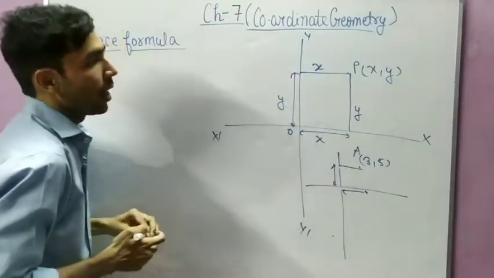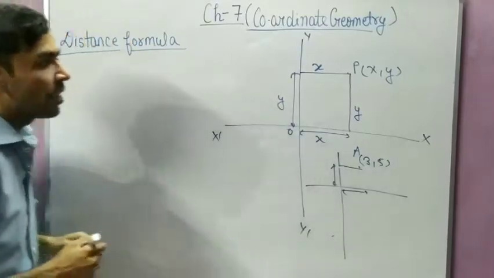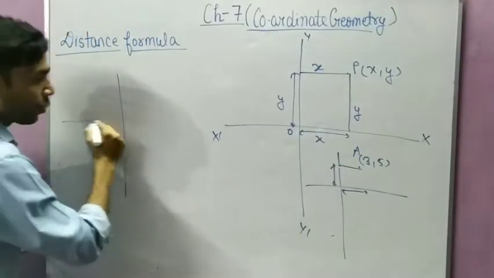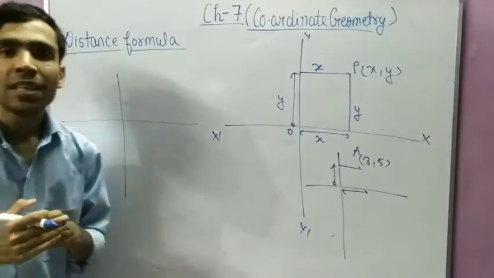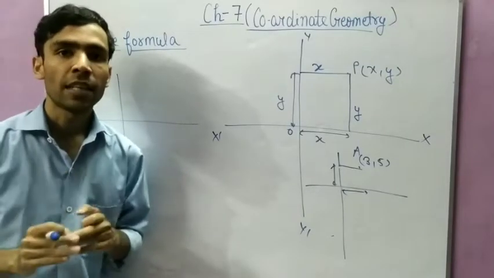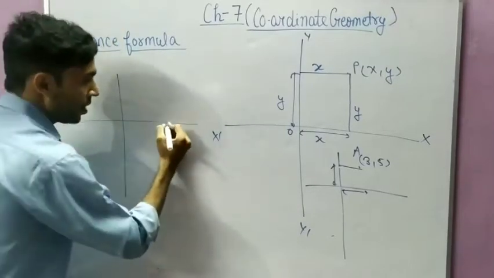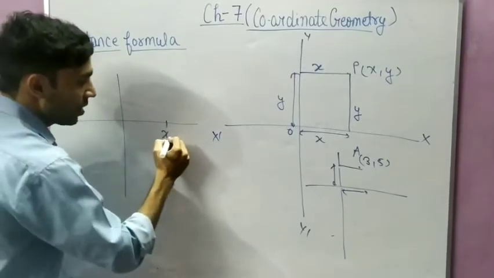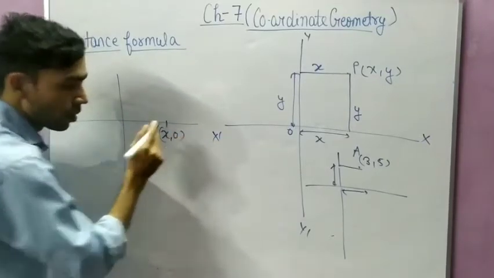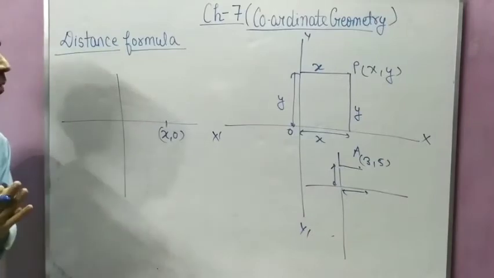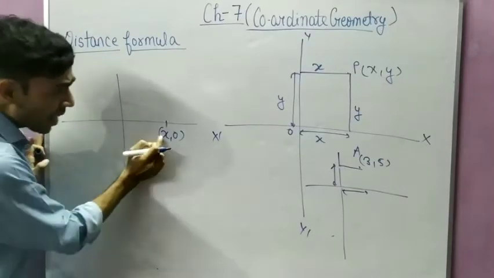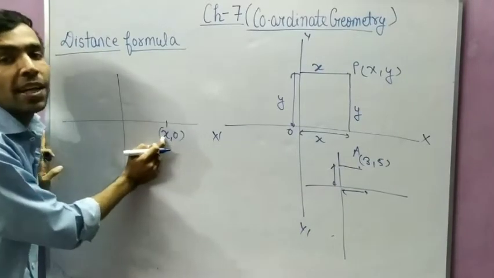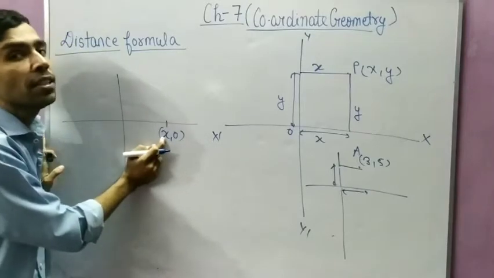I told you, whenever a point lies on the x-axis, its coordinate is (x, 0). Suppose a point lies on the x-axis and its coordinate is (x, 0). What is x? X is the perpendicular distance from the y-axis.